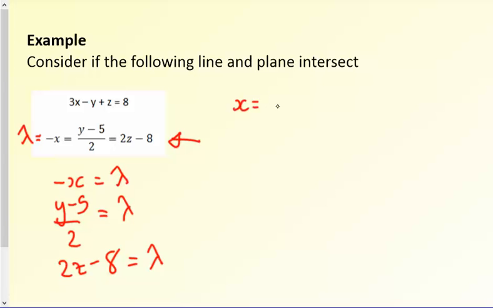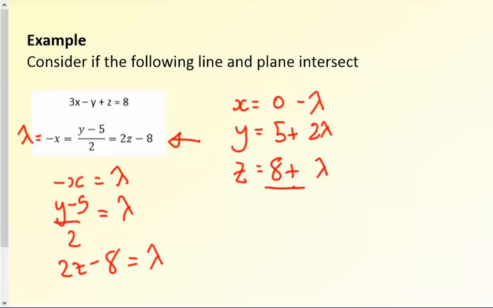So x is equal to 0 minus lambda, y is equal to 5 plus 2 lambda, and then z is equal to 8 plus lambda over 2, just by rearranging those.